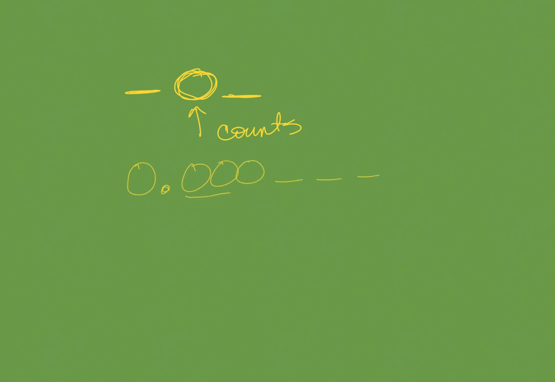Okay, so easiest is if you have a number and a zero, and a number. This one counts. So that's the easiest one. And then if you have a decimal number and then zeros and then numbers, these zeros do not count, because they are placeholders. They are the ones that give the value.